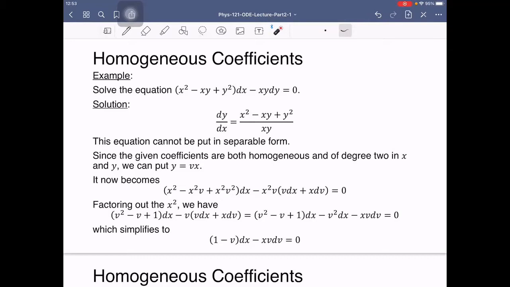So, this can be written as m of xy. And this one, xy, is n of xy. Okay? So, using yung form natin kanina, which is dy over dx plus m of xy over n of xy is equal to 0. So, palitan natin yun.